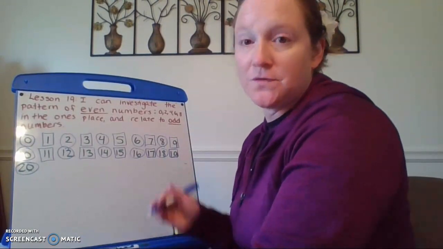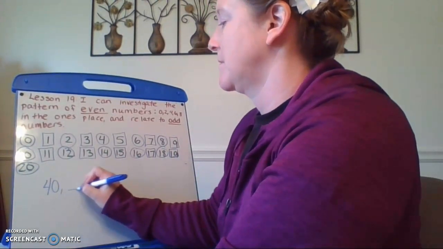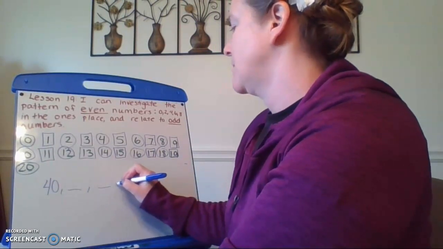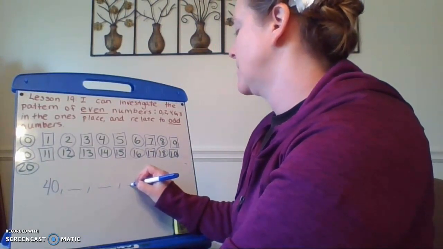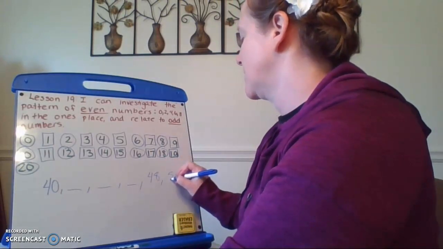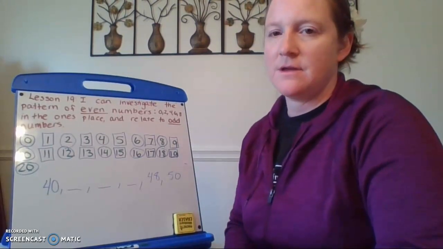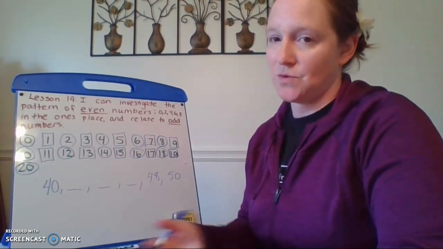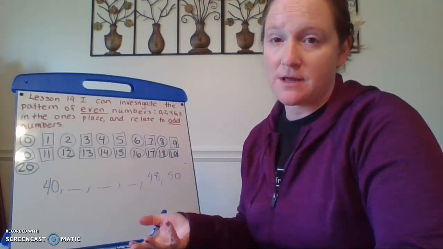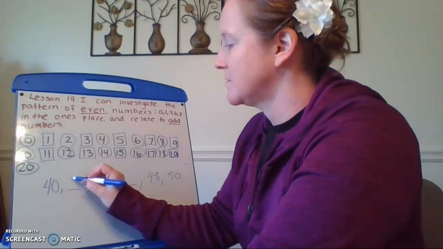Let's jump up to 40. We'll start at 40 this time. Okay, let's see if you can do this one. Starting at 40. So 40, and then you can whisper the next one if you don't know. 41, 42.